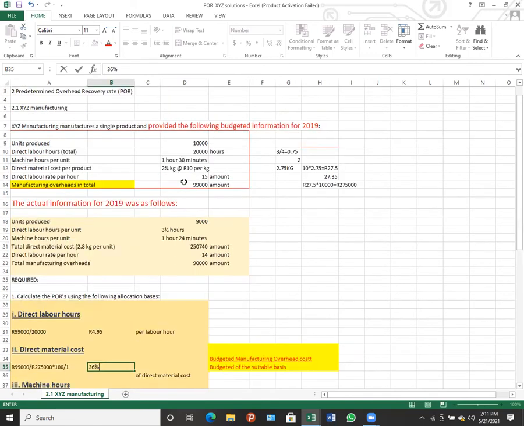Remember, guys, sometimes they will say 10 rand per 5 kg. What would you do, guys? Let's say here they said 5 rand per kg. How can you get your total material cost?